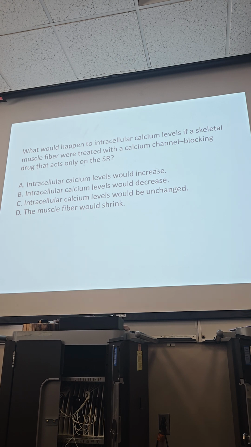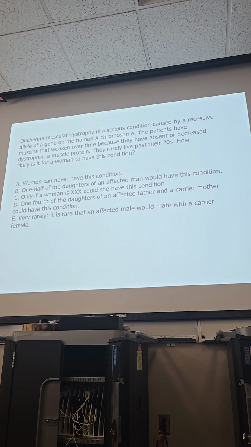So we are going to release the calcium and not reuptake it to the SR. Therefore, it will increase. Next question.